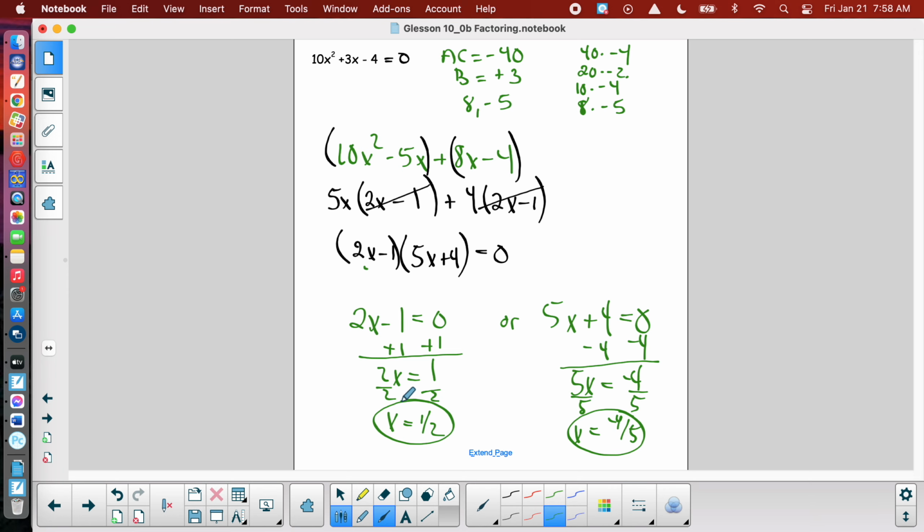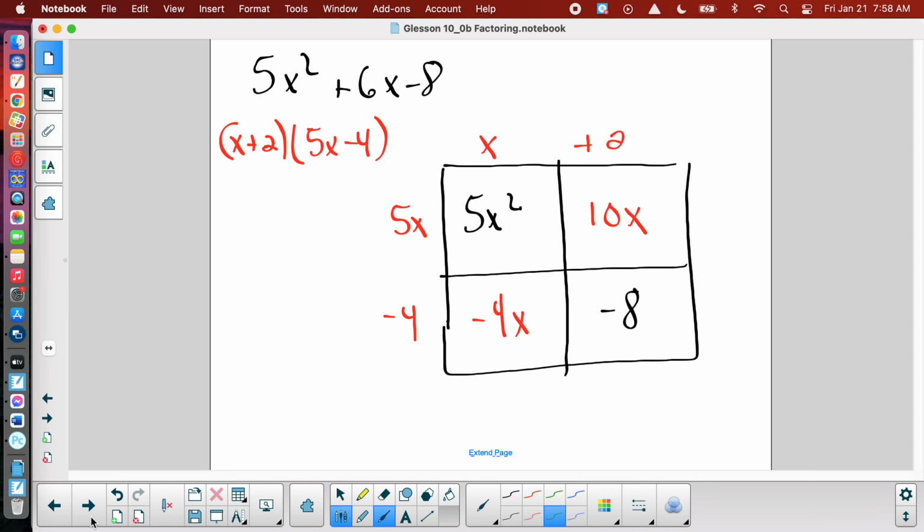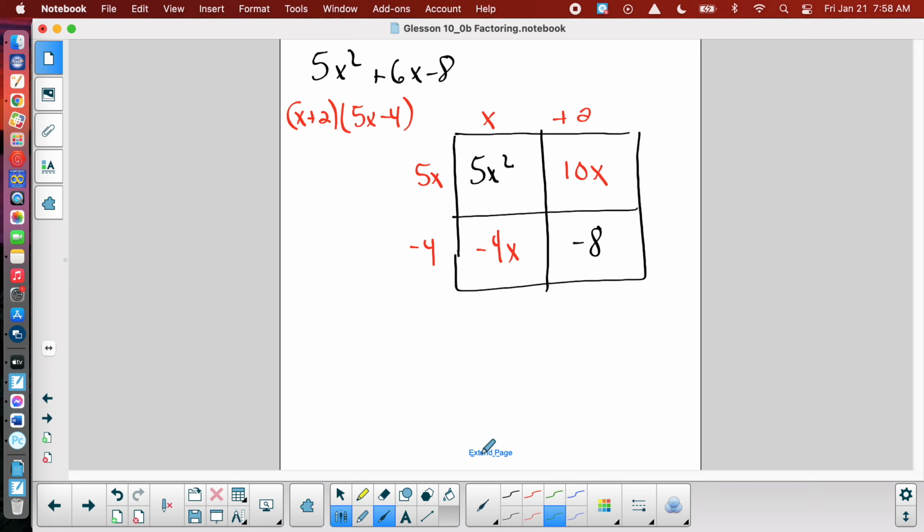Let's look at the other one that we did with the box method. Same thing, we factor it first, but then we set it equal to 0. So x plus 2 times 5x minus 4 equals 0 means that either x plus 2 equals 0 or 5x minus 4 equals 0.